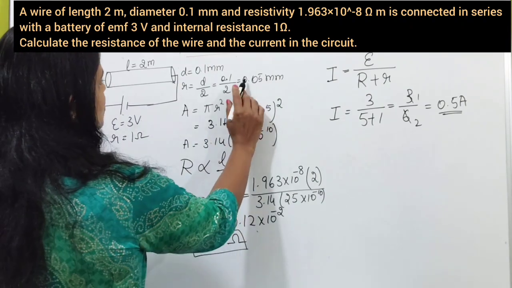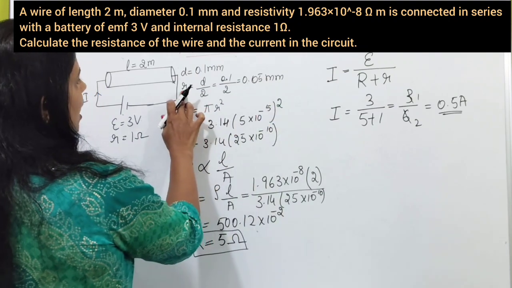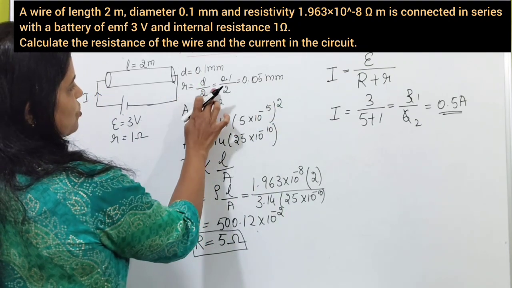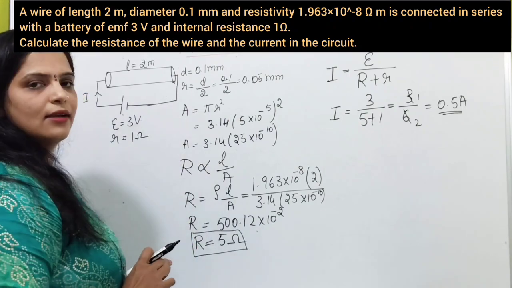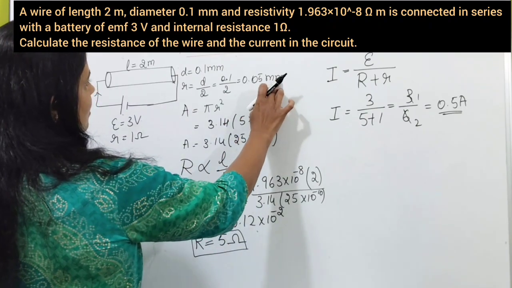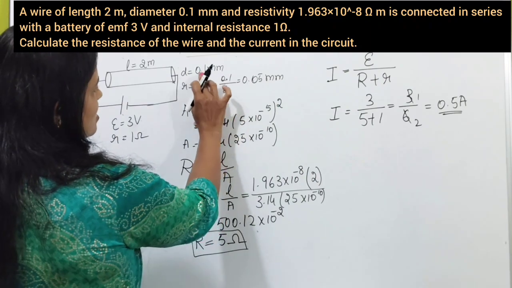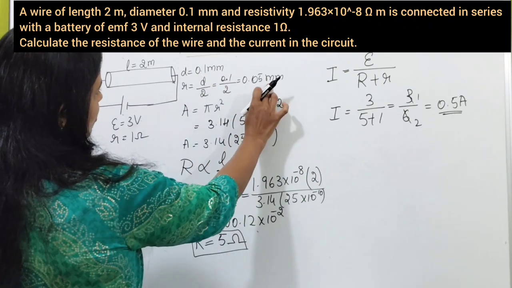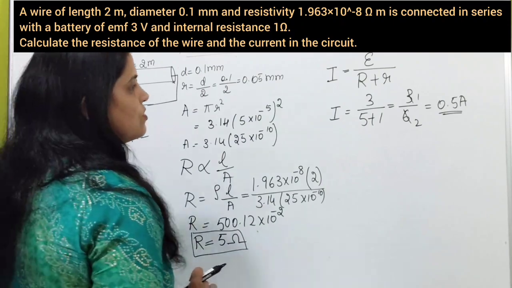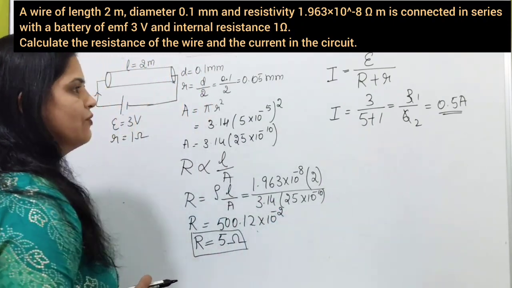While writing here, you are making mistakes. r is D by 2, okay? So it is diameter by 2 that is the radius of the wire. And here it is millimeter, so you are making some mistakes when substituting all this. Please avoid these small mistakes, okay? So this is our answer for the second question.